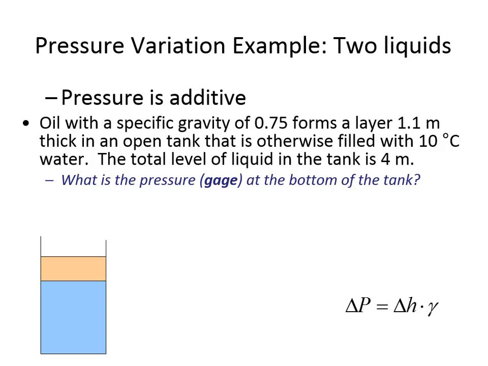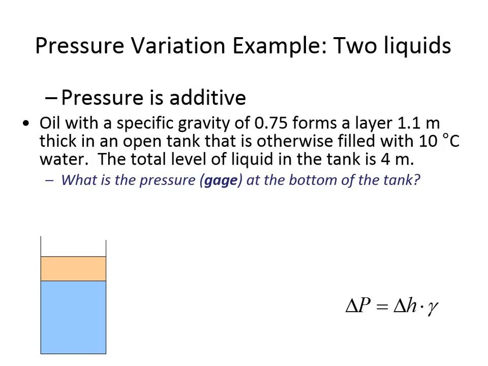And the description of the dimensions is a little bit tricky. You've got a homework problem that looks almost identical to this in terms of trying to find pressure at certain depths. They say the total liquid level is 4 meters. So that means it's 4 meters from the bottom of the tank up to the very top. So 4 meters total.